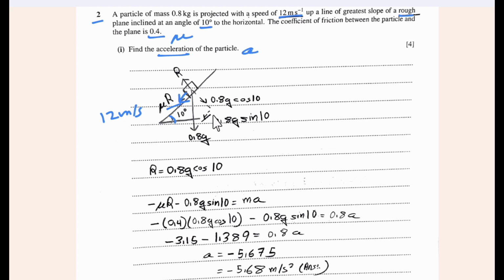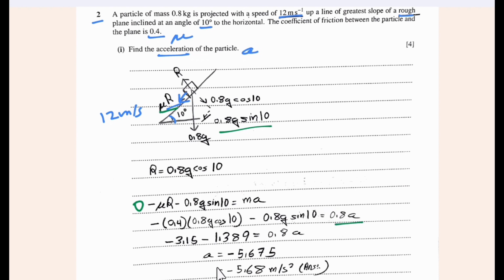To find the acceleration, we know the downward component of weight, that is 0.8 g sin 10, and we know the friction, that is mu R. There is no forward force, so the forward force is 0, minus the backward force mu R, minus 0.8 g sin 10, is equal to mass times acceleration.